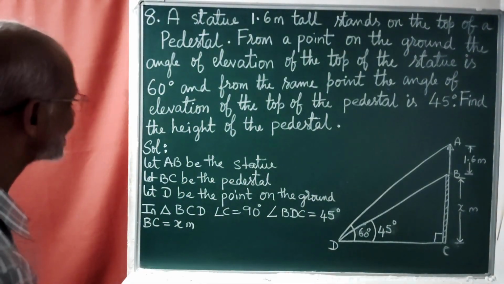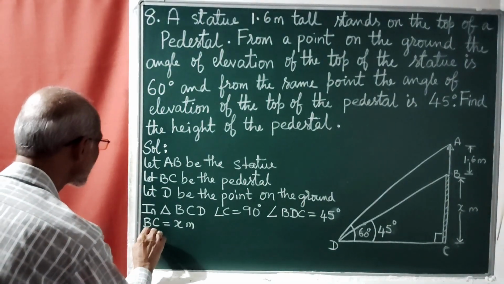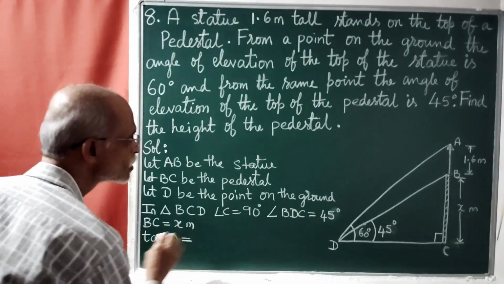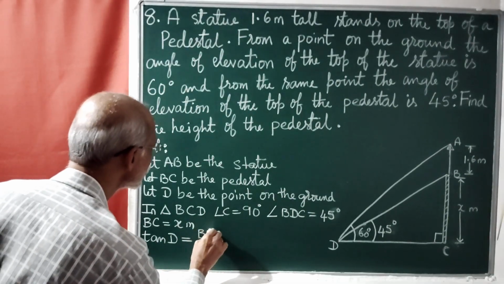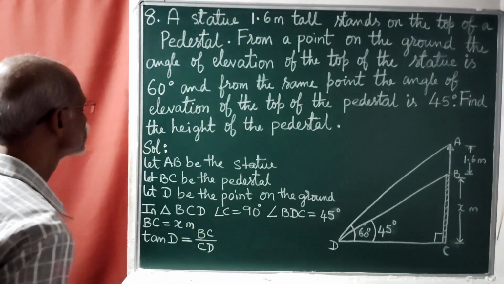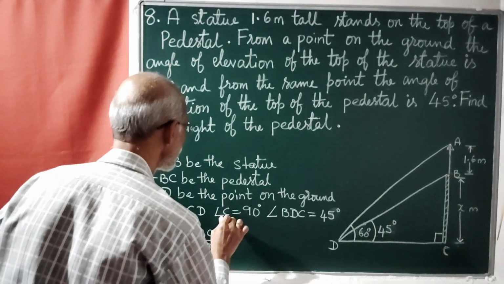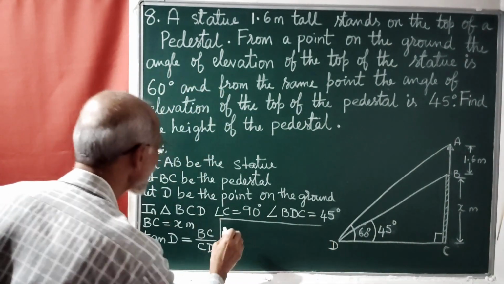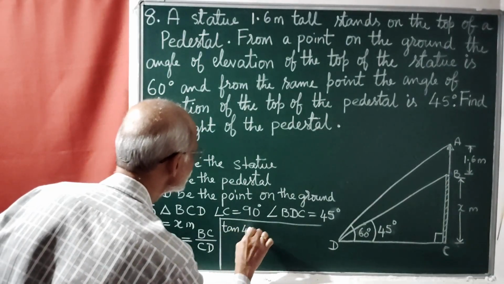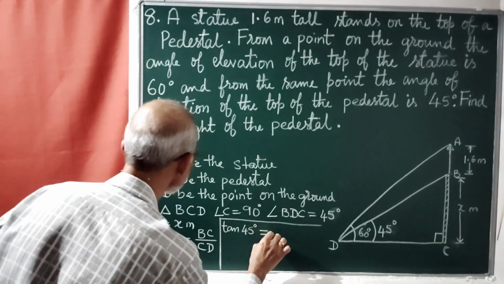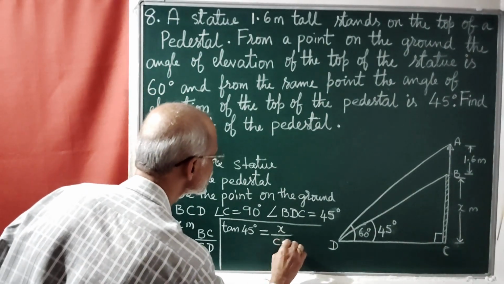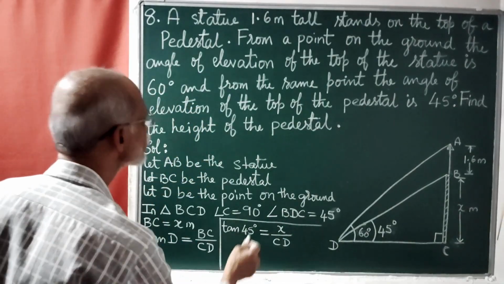Now, tan D is equal to BC by CD. So tan 45 degrees is equal to BC, which is x, by CD. Tan 45 is 1.